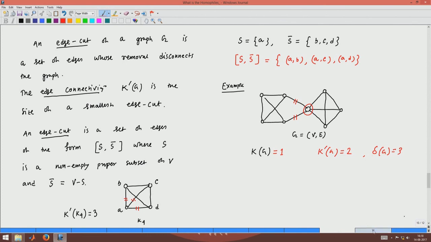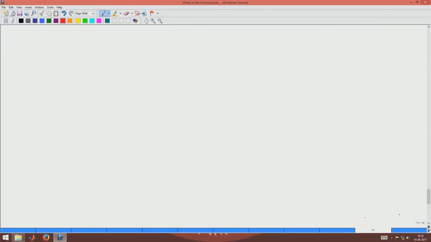Next, we prove a theorem which relates the vertex connectivity, edge connectivity, and the minimum degree of a graph G, and the relation is that the vertex connectivity is always less than or equal to the edge connectivity, and the edge connectivity is always less than or equal to the minimum degree of the graph. So, let us prove this theorem.